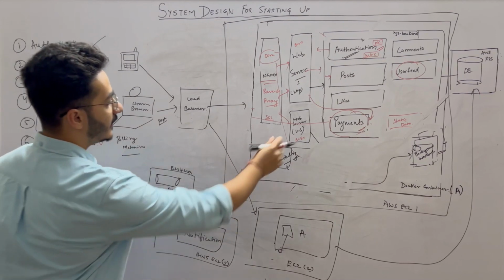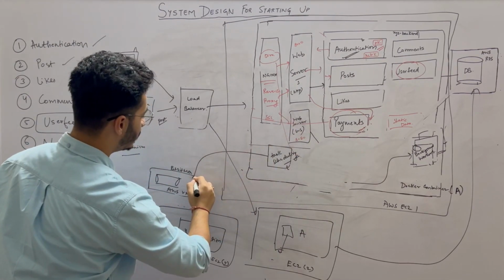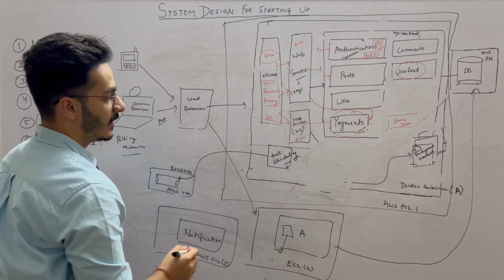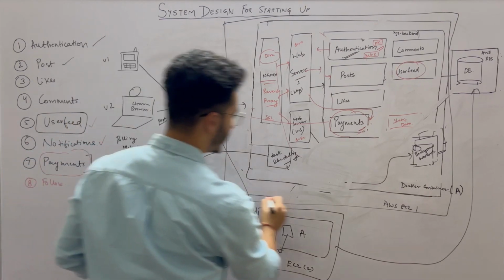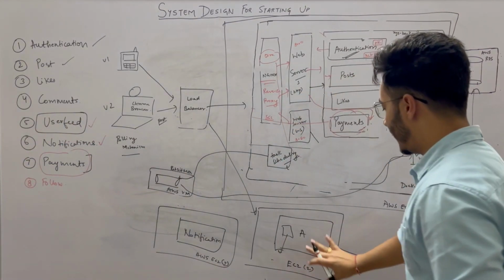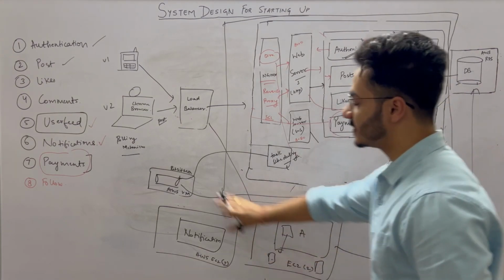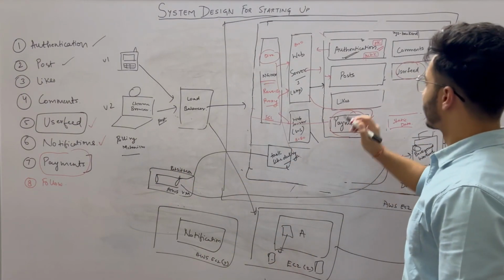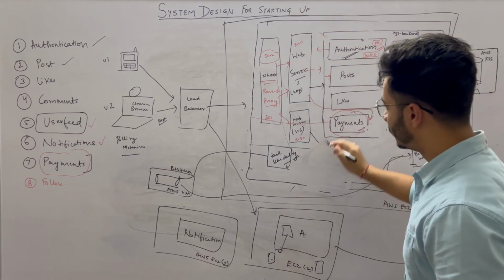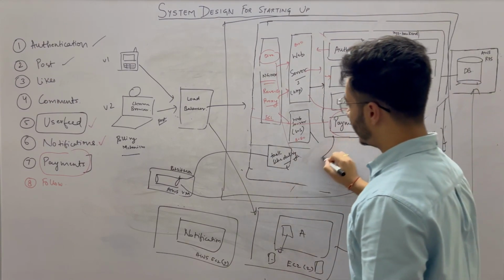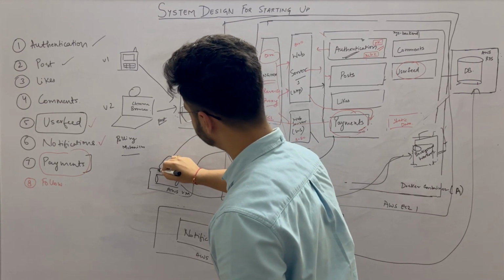running, and this also will be using this queue, and this will be listening to this queue. And here also the task scheduling and background worker will be using this queue, and to push notifications they will also use this queue.